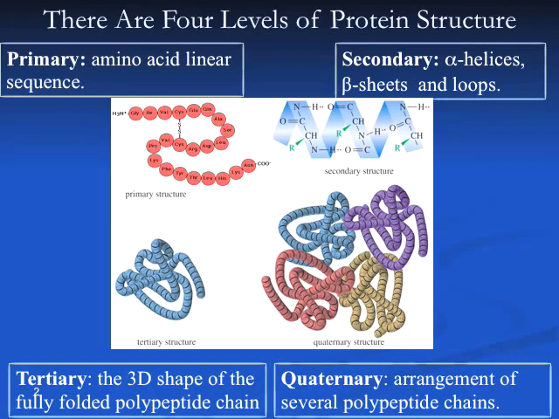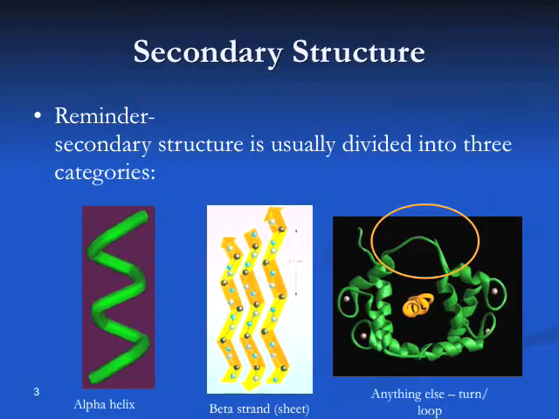And then that secondary structure folds one more time into a tertiary structure, the 3D shape of the polypeptide or polyamino acid chain. And then there's finally a quaternary arrangement, which is just an arrangement of several polypeptide chains. So one of the things that you're trying to do in protein structure elucidation is really try to get a sense of the four levels of protein structure and being able to break a protein down into its four levels.